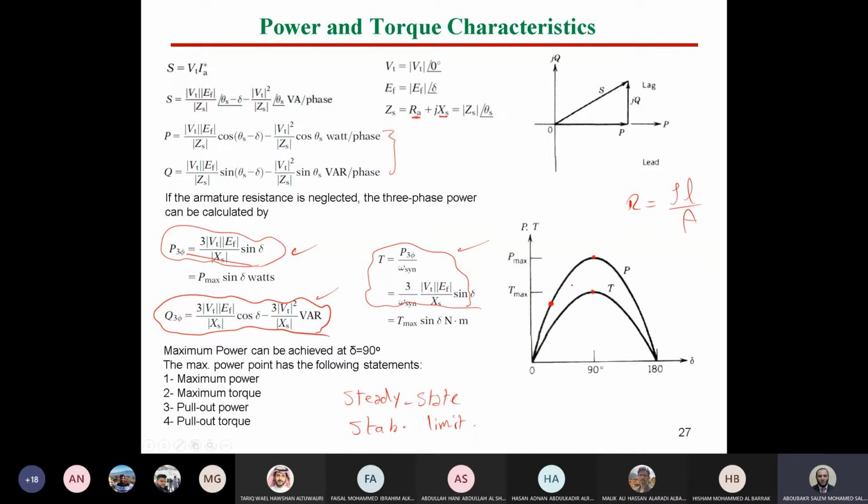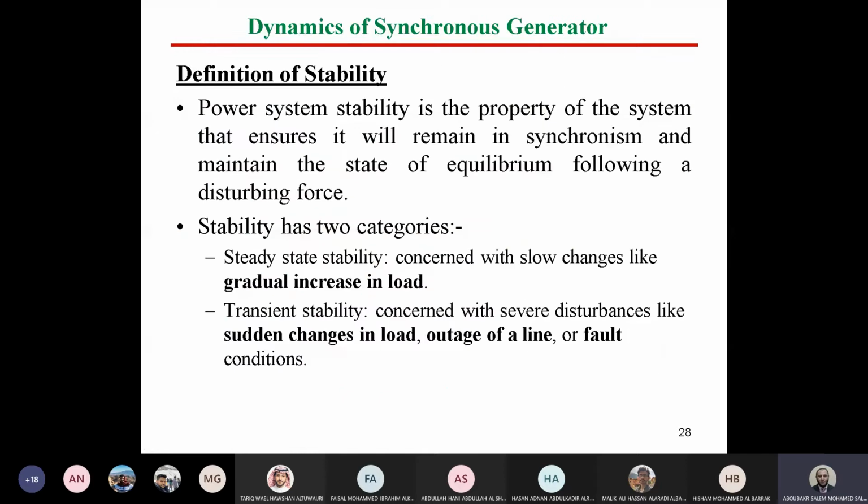Let me give you a small example. If you have a cup like that and you have a small ball inside, and if you press by your hand to move this small ball, it will oscillate a bit and it will stay in the cup.